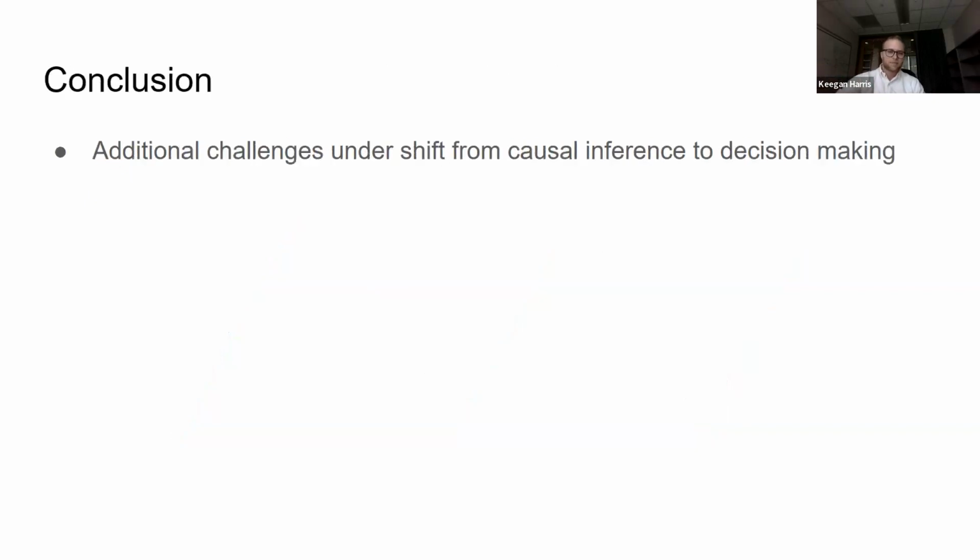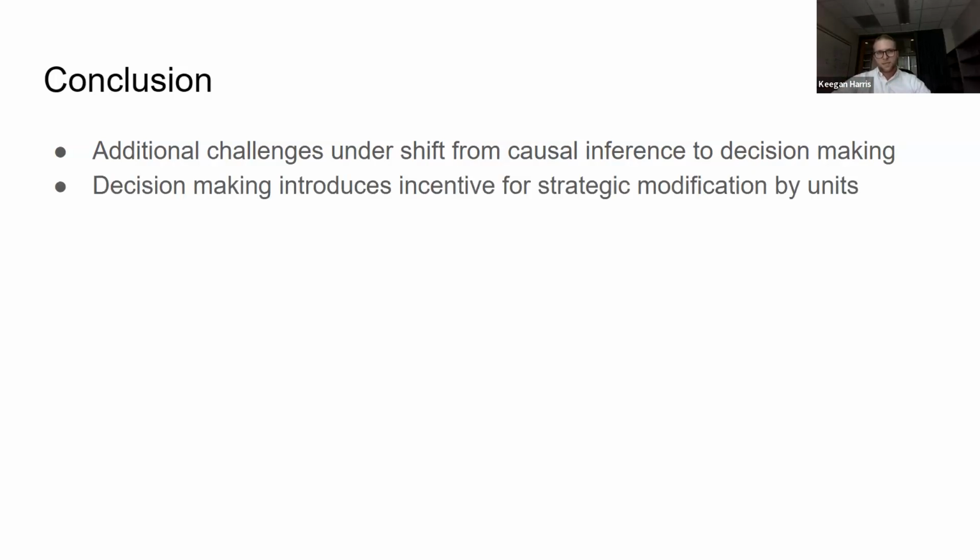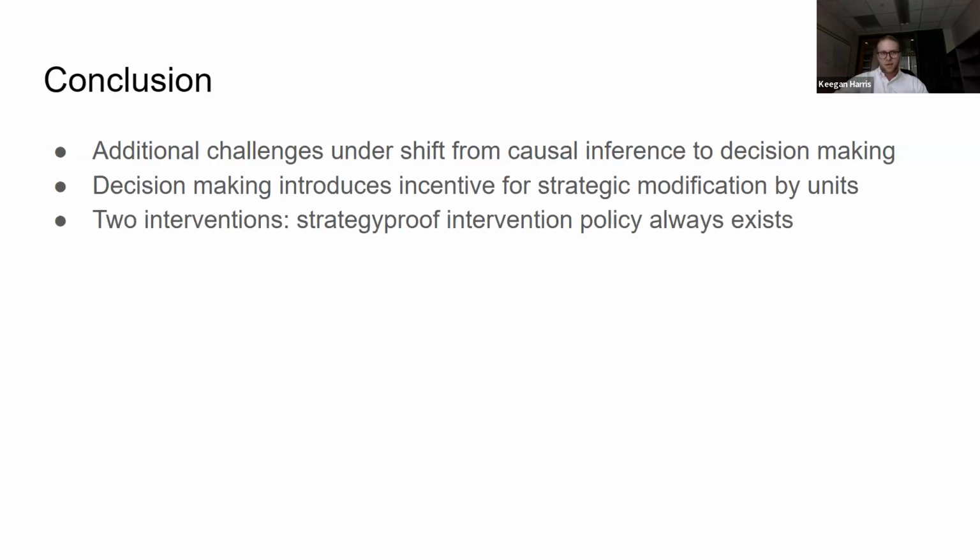Okay, so to wrap up, I guess the high-level theme and takeaway is that there are additional challenges which one has to consider under the shift from causal inference to decision-making using causal inference. In particular, because you're doing decision-making, this introduces an incentive for units to strategically modify their pretreatment outcomes. Under 2 interventions, we show that a strategy-proof intervention policy always exists, and we use shift the hyperplane.